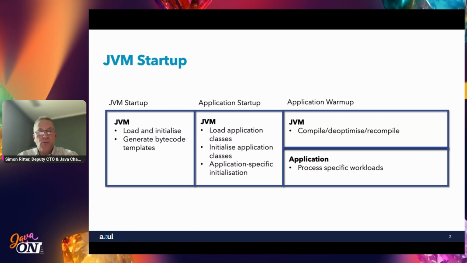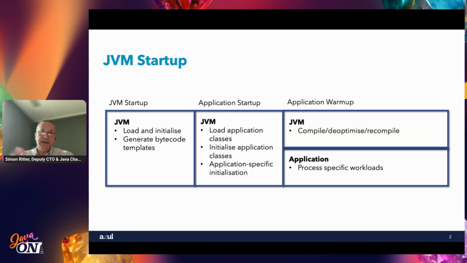And that will then get you to the point where you've got your Java code loaded and ready to actually do something. But then there's still more to it than that, because of course you've got application-specific initialization, which is what you do in your application. So in your application, you might be opening a connection to a database, you might be opening a connection to a network or something like that. And that needs to be handled before you can start doing the real work of the application.